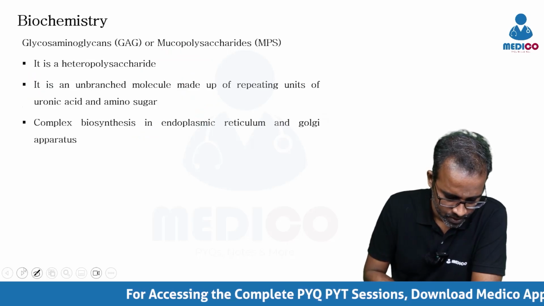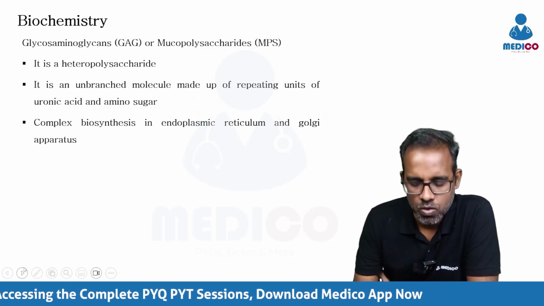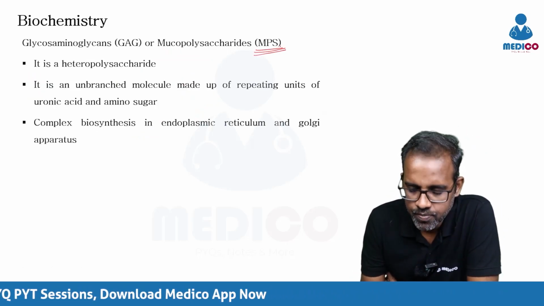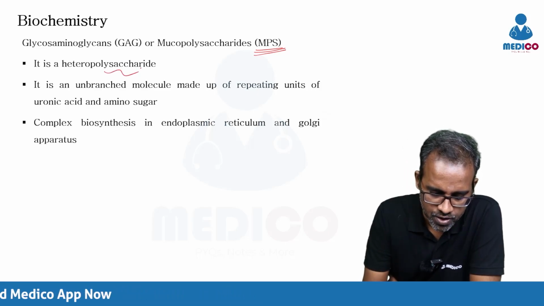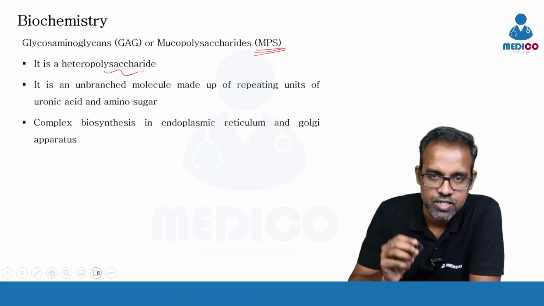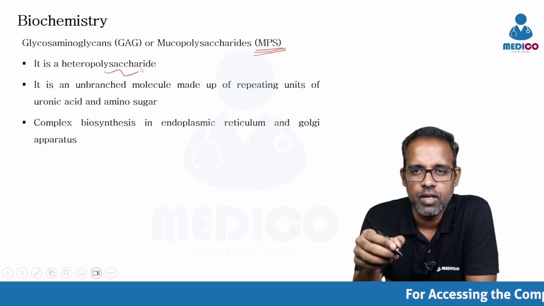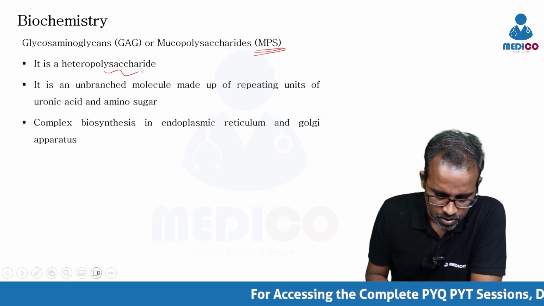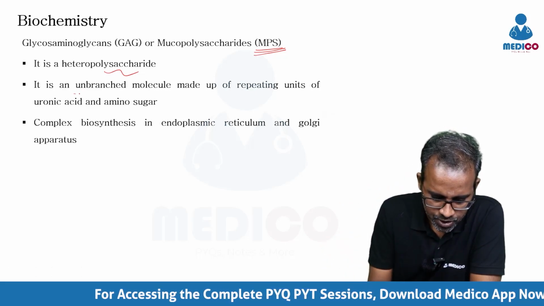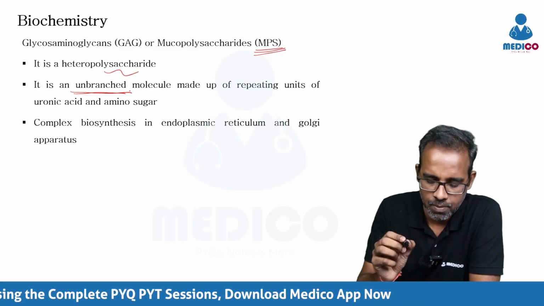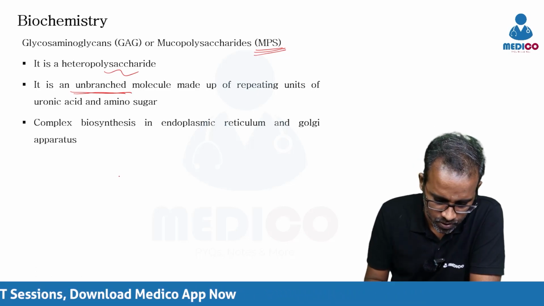We'll see how. First, glycosaminoglycans are also called mucopolysaccharides. It is a heteropolysaccharide, that is, it's made up of more than one different sugar unit. So what is it actually made up of? It is an unbranched molecule made up of repeating units of 2 things. What are the 2 things?